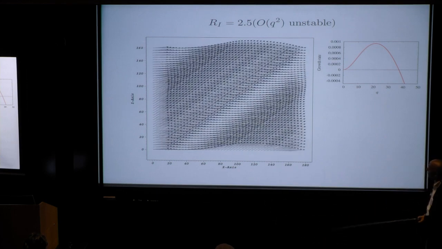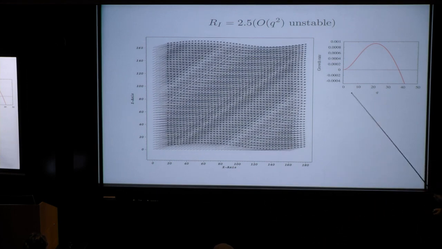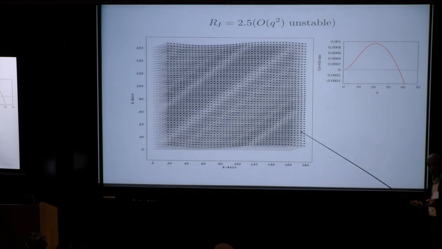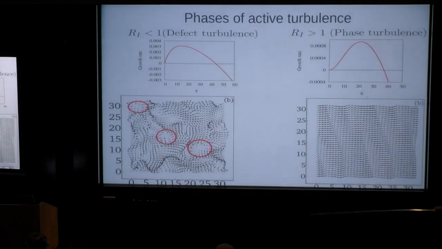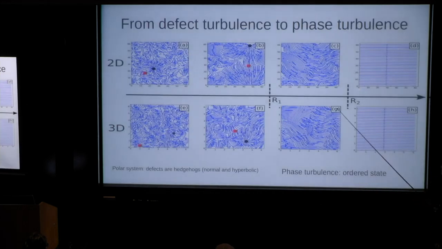So it would appear that the regime that is linearly unstable but with a slow growth rate is actually ultimately, in a time average sense, an ordered state. So this is what a typical configuration looks like. And so we suggest that this state at somewhat larger R is actually an ordered state.